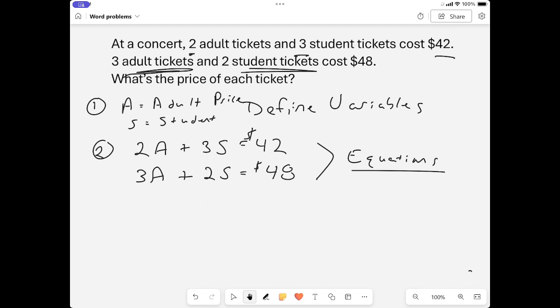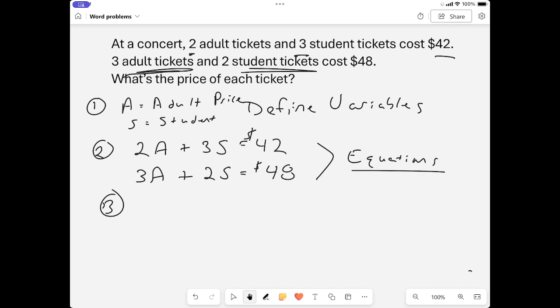So what I'm going to do is elimination, and if you don't remember this, we'll go back to the video, but I'm going to solve it because we've actually done the hard part here. Now I'm going to multiply the first equation by 3, and the second equation by 2.